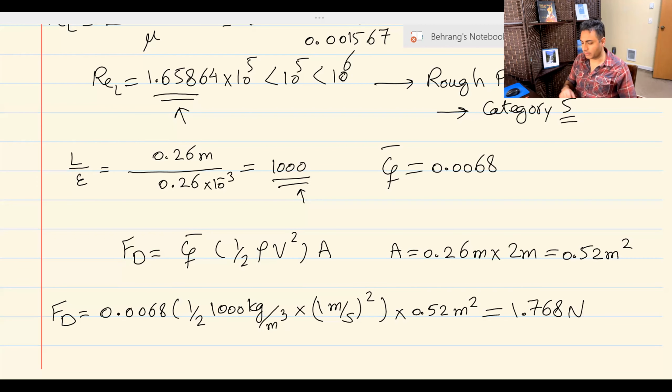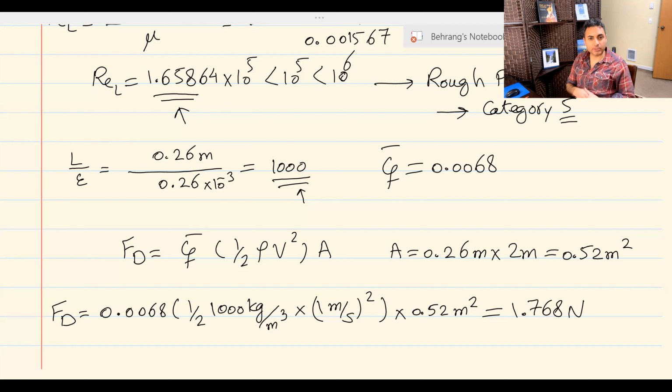Here's one interesting question. What if somebody by mistake uses category 4? Well, you can see in this case, category 4, you can only use it when Reynolds number is more than 10 to the 6th, and epsilon over L is more than 10 to the negative 4th.